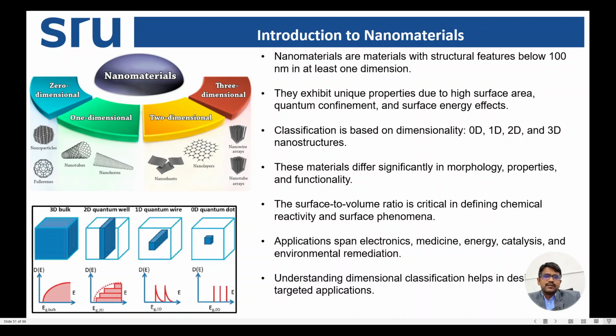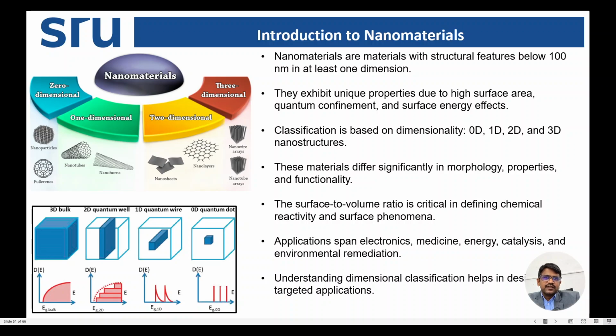For example, for batteries we need one type of nanomaterial. For solar energy applications we need one specific dimensionality of nanomaterial. For biomedical applications, we need some other dimensionality, because the surface area and the quantum confinement change with respect to shape and size.